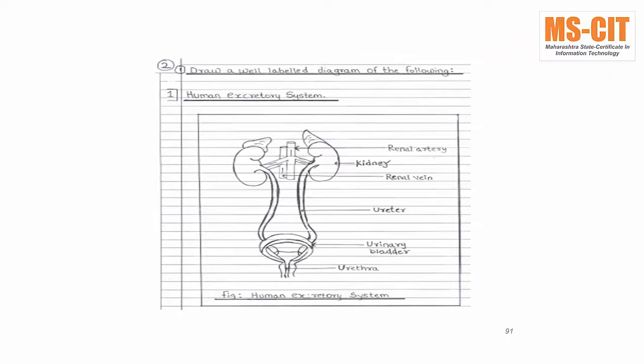If some labeling is on the other side, there is no problem. Proper dark pencil you must use. See, proper box is there, and under that box the figure is drawn.